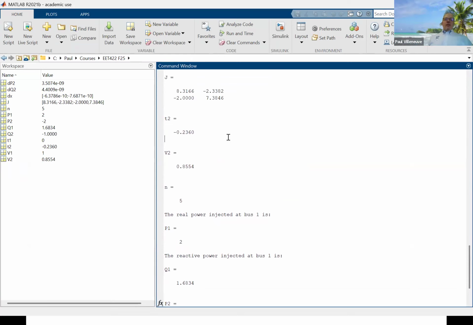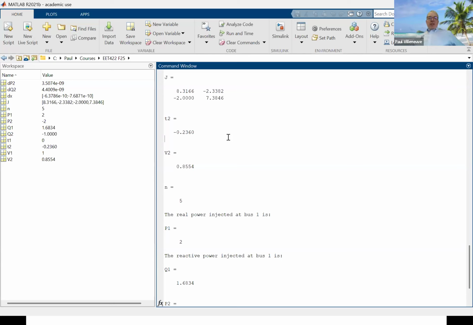So the magnitude of the bus voltage is 0.855, and the angle is negative 0.236 radians, not degrees, but radians, okay? Because remember, you have to do your Newton-Raphson algorithm in radians and not degrees.